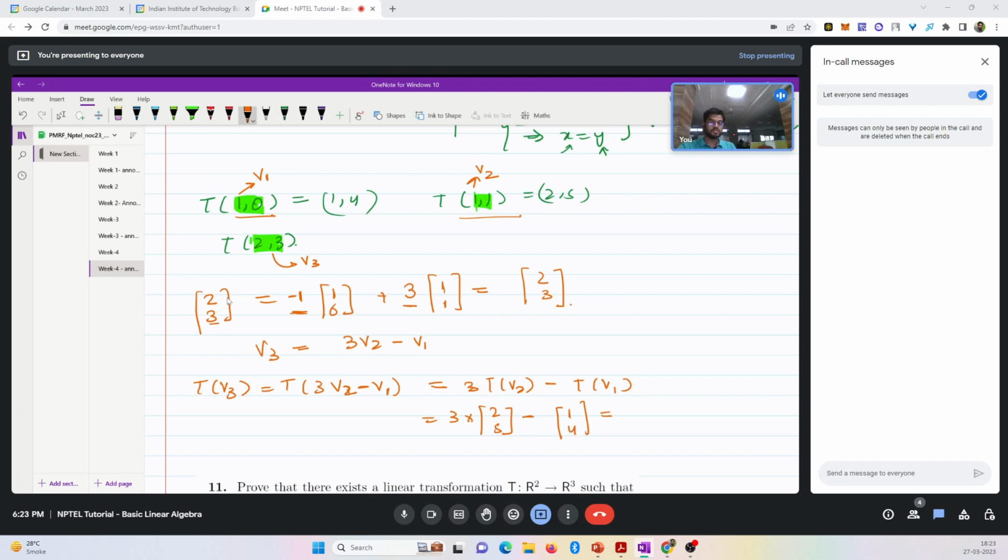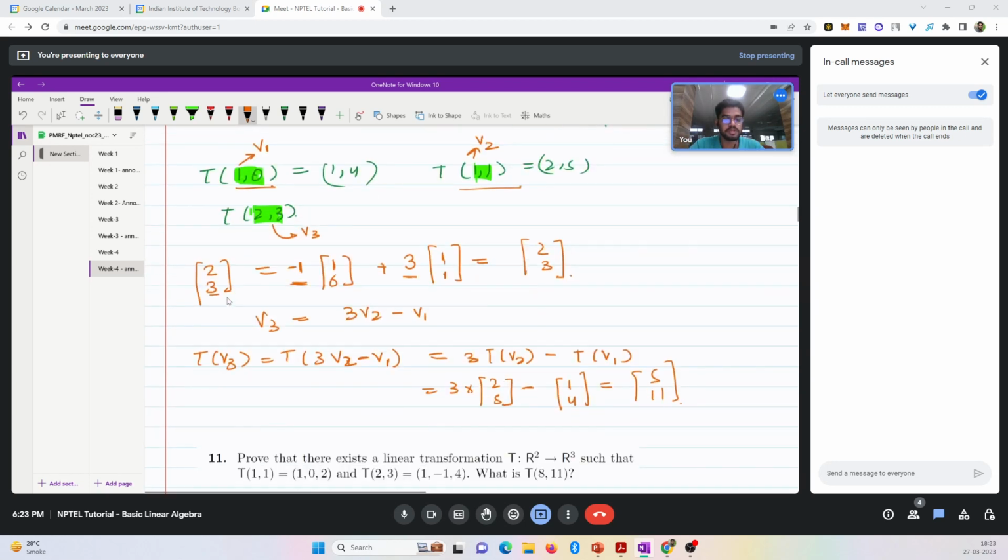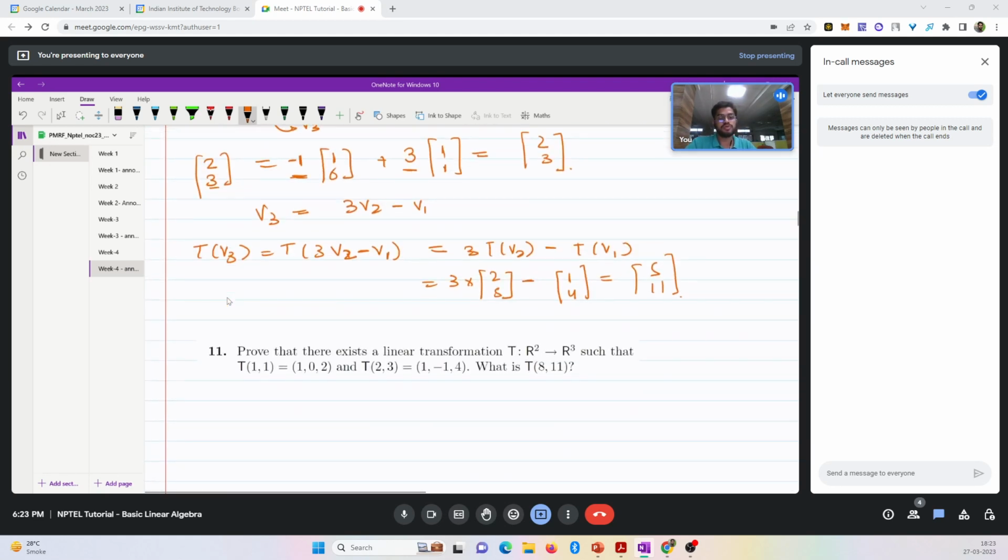We obtain 6 minus 1 as 5, 15 minus 4 as 11. So T of 2, 3 is 5, 11. We'll come to 1, 1 later, almost towards the end of this class. So this is how you can find it.